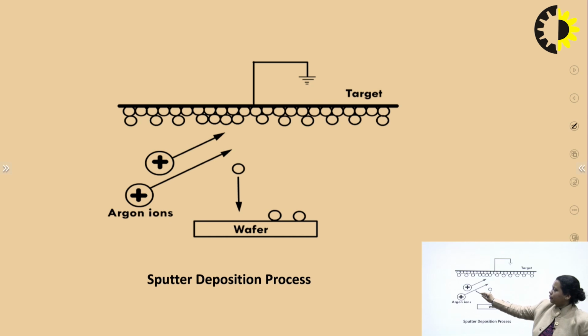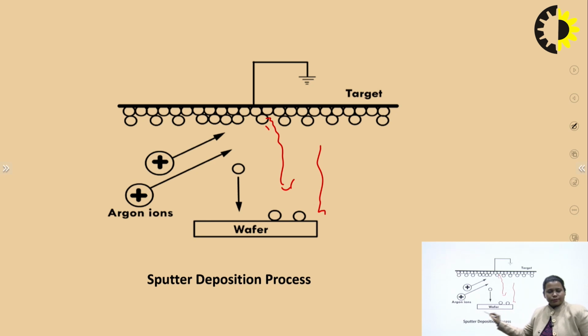When you bombard it with argon ions, the actual atoms fall over your substrate, on your wafer, and create a layer. Like this we get a deposition over the wafer, and this is known as the sputter deposition process.